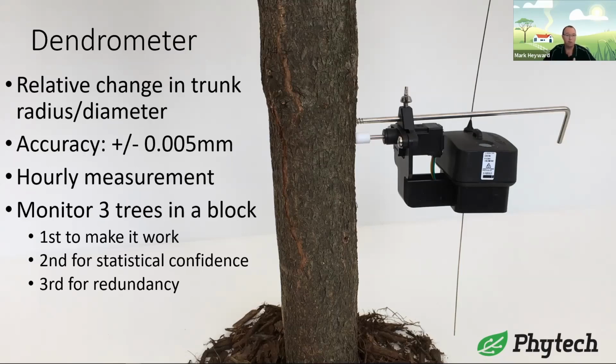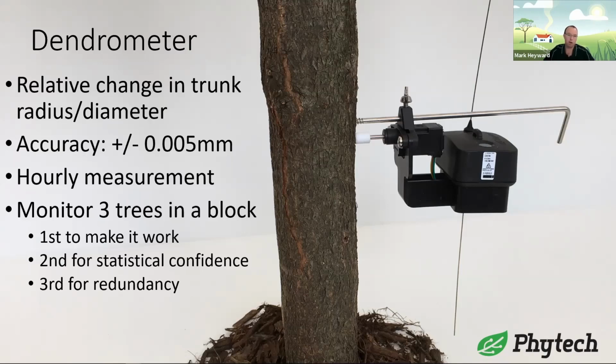The accuracy of this sensor is 5 microns or 0.005 millimetres. In perspective, that's 1/20th of a human hair. So if you take a human hair, cut it into 20 slivers, 1/20th of a human hair is the accuracy of this sensor. It's taking hourly measurements and the change of the trunk radius, and we'll typically monitor 3 trees in a block.